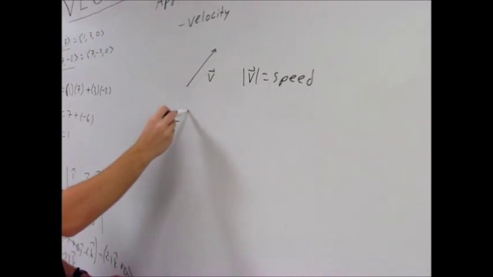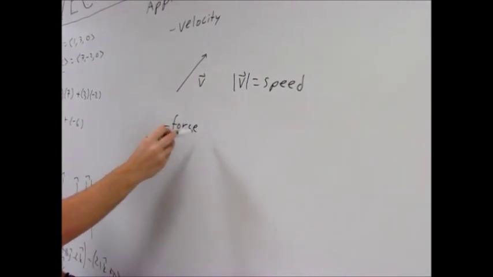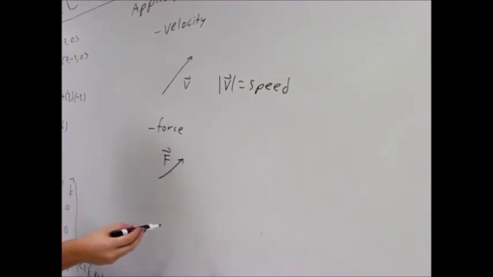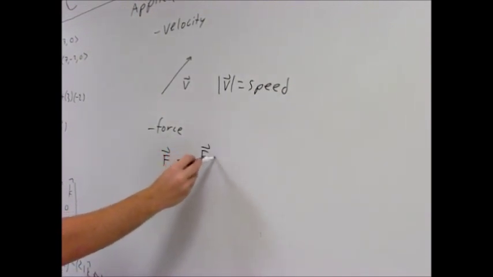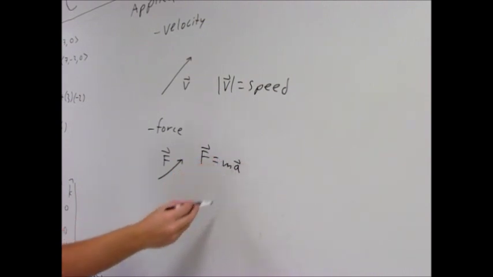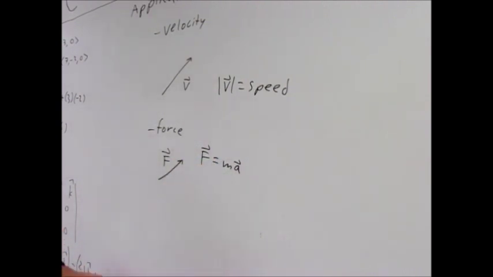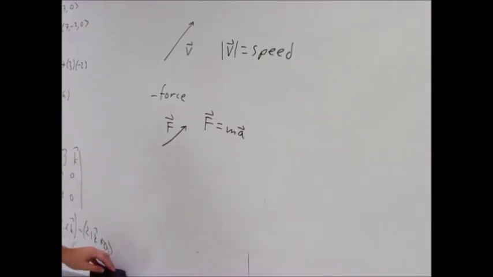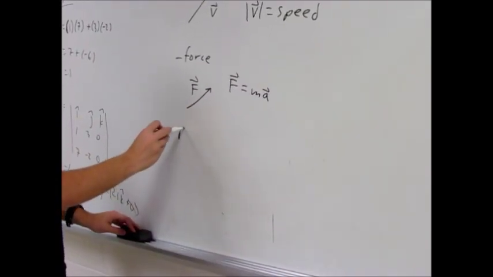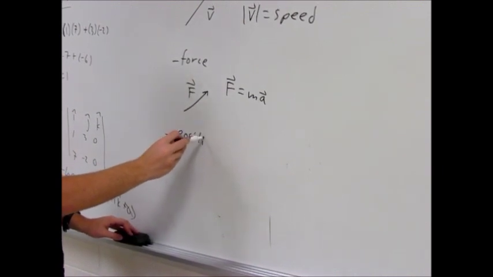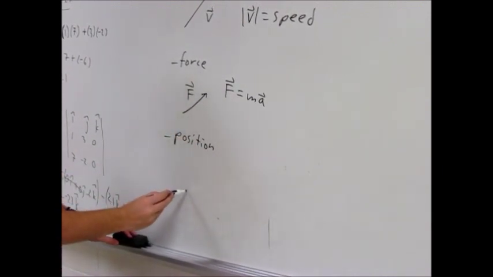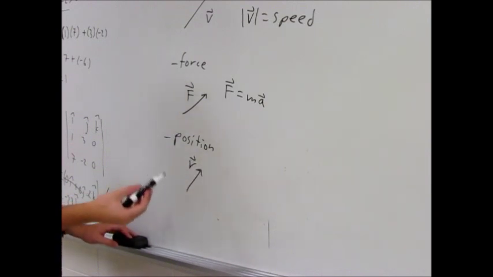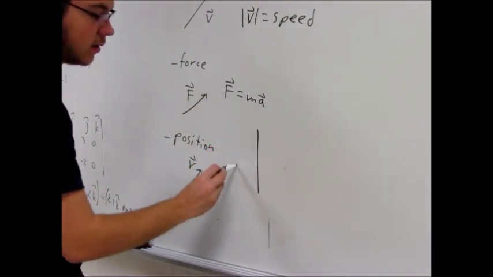Another one is force, F. F equals ma is also an equation in physics: force equals mass times acceleration vector. And we can also talk about position as a vector as well. For example, a vector r can tell you where something is based on a coordinate system.